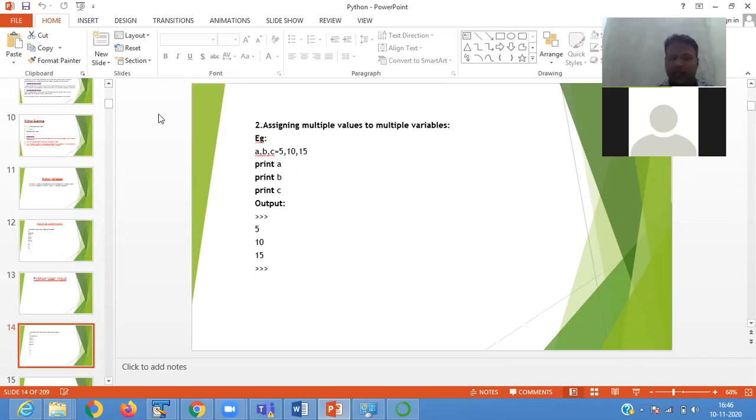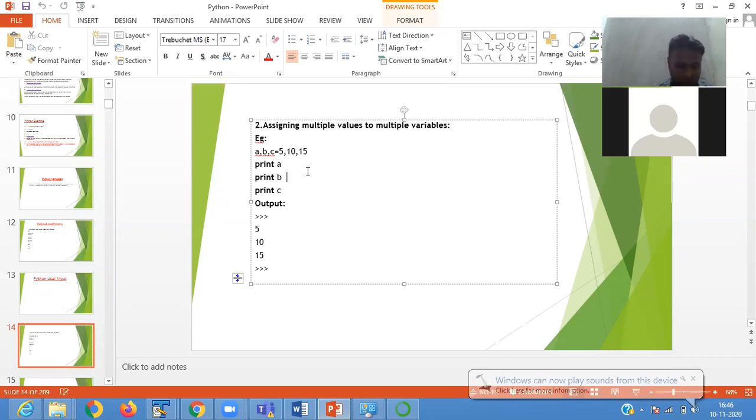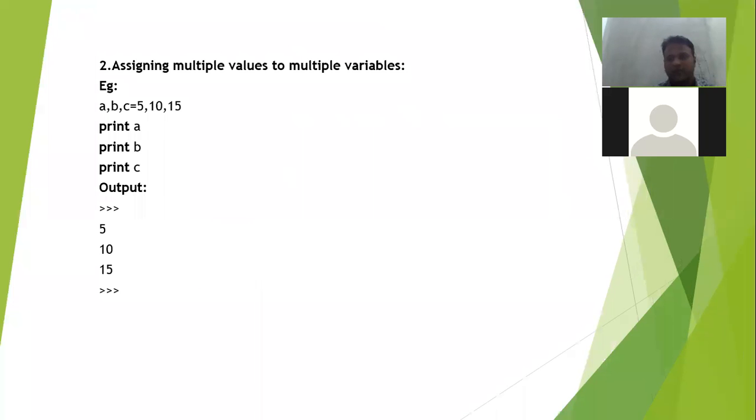It means in A we have stored 5, in B we have stored 10, in C we have stored 15. So if you pass A 5, B 10, and C 15, it prints 5, 10, and 15. These are the three values it has stored.